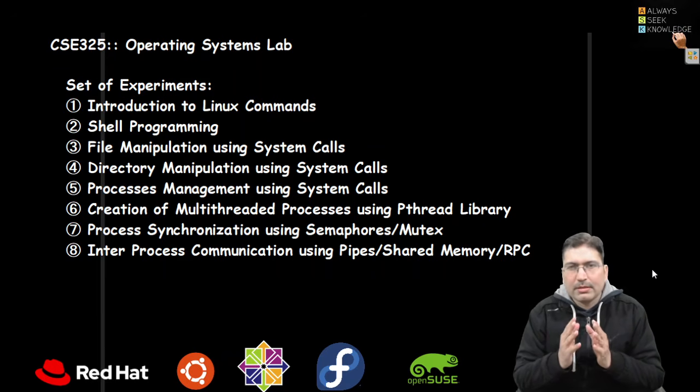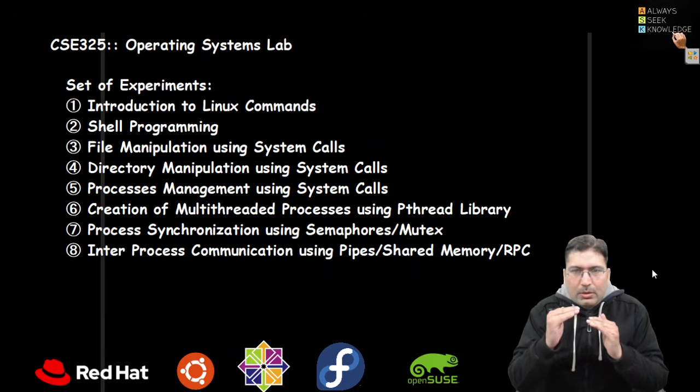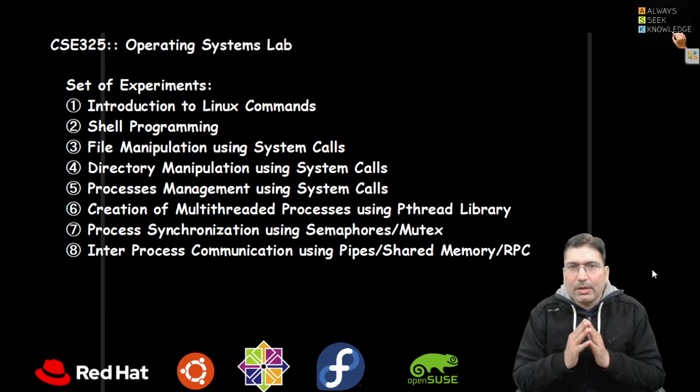It requires a good understanding of operating system concepts, and it also requires good hands-on practice in C programming, or let's say C++ programming. So primarily this lab is based on C programming and shell programming. I'll cover all the experiments mentioned in your lab manual one by one.